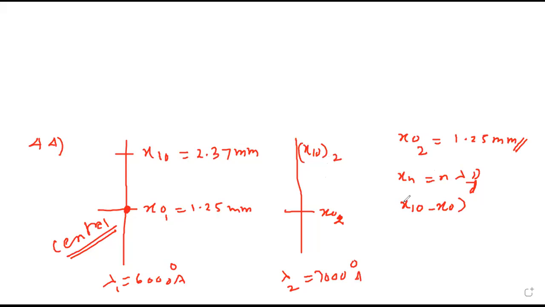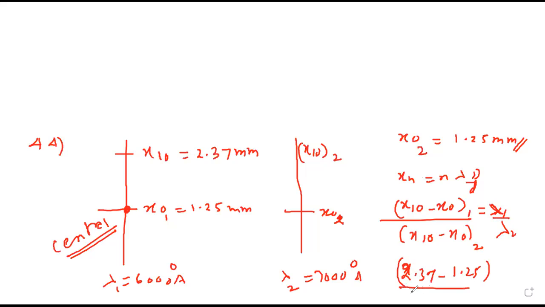So that means the 10th bright minus the 0th bright of the first color upon the 10th bright minus the 0th bright of the second color, which is the distance between center and nth bright, will be equal to lambda 1 upon lambda 2. So x10 is 2.37 minus x0 is 1.25, upon the second one's x10 minus 1.25, which is the same for both.